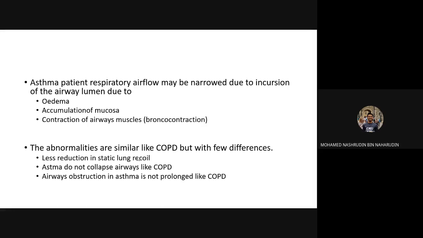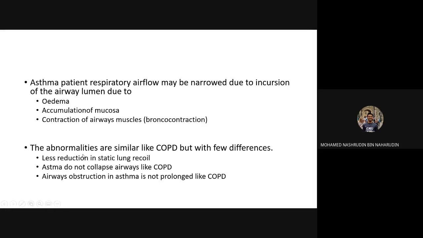It just happens on the surface. Asthma also does not collapse the airways like COPD. It just obstructs. It makes the airways thicker due to edema or accumulation of mucus, but does not collapse them.